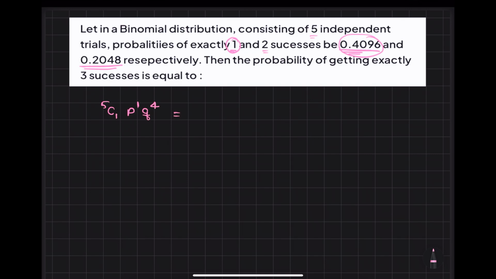So this is equal to 0.4096. Then we have the second entity as the probability of two success. Two success means 5C2 and then p power 2, q power 3, equals 0.2048.